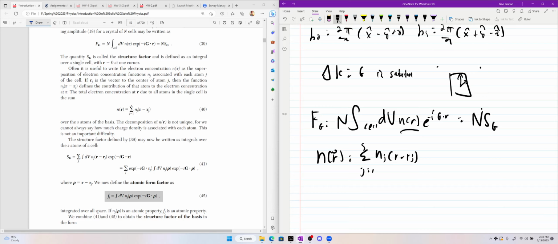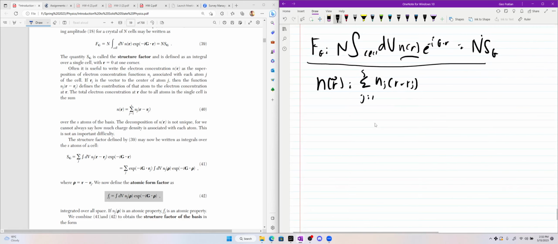So we can rewrite the structure factor as integrals over the s atoms of the cell.